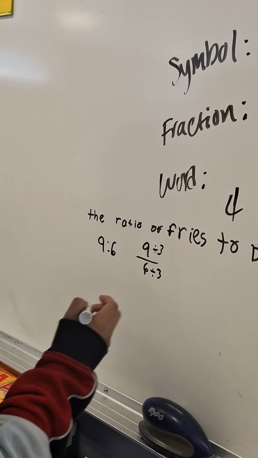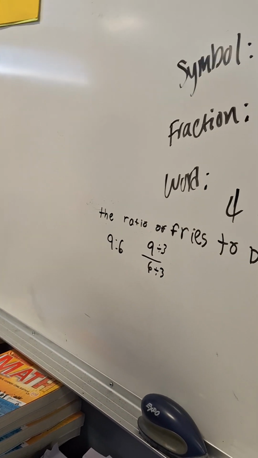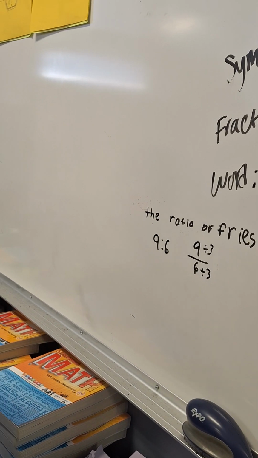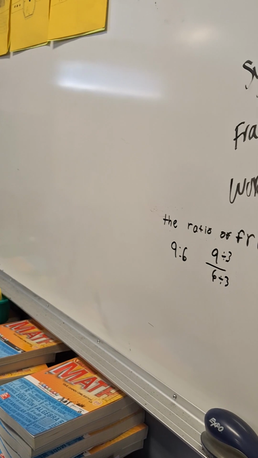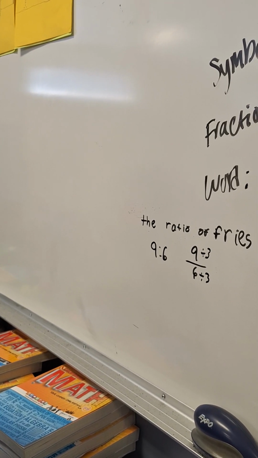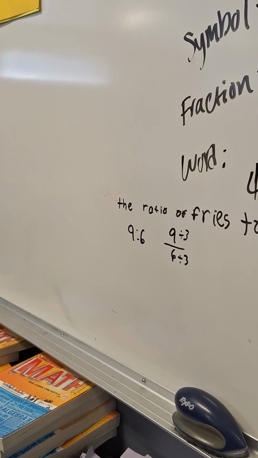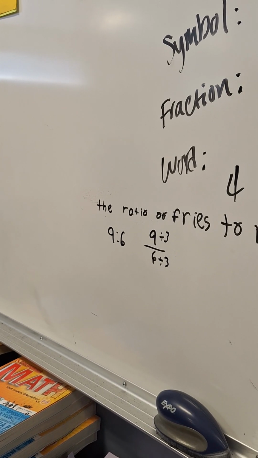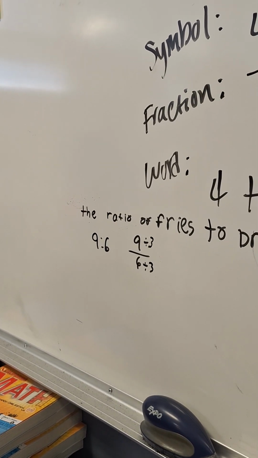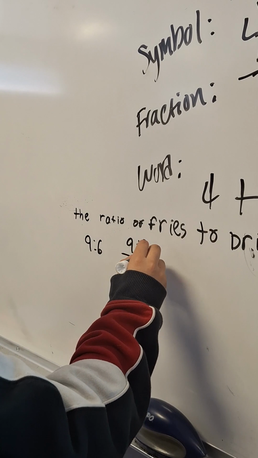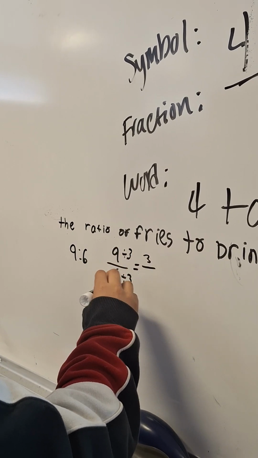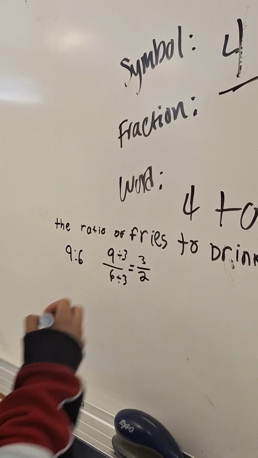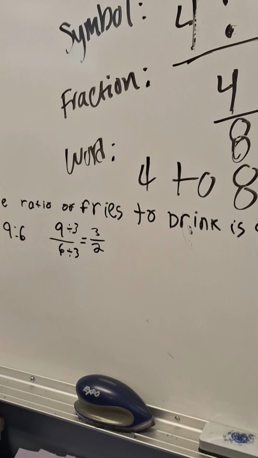Can you explain to me what you did there? 3 could divide with both numbers. So what you're saying is that 3 could go into 9 and 6? Okay, so when you divide it, when you simplify it, what do you get? Okay.